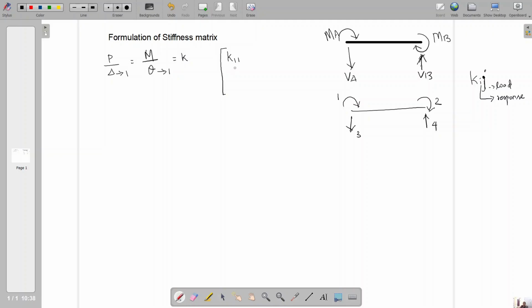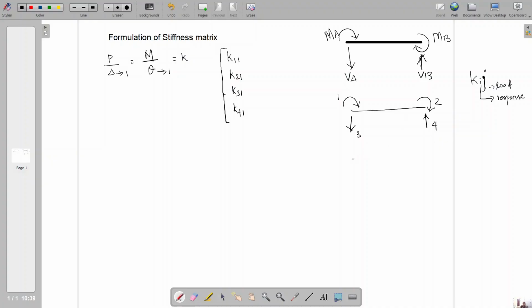So if you write K11, K21, K31, and K41 in one column, it means that you are applying a unit rotation at the coordinate 1 and you are observing the effect on the other coordinates.